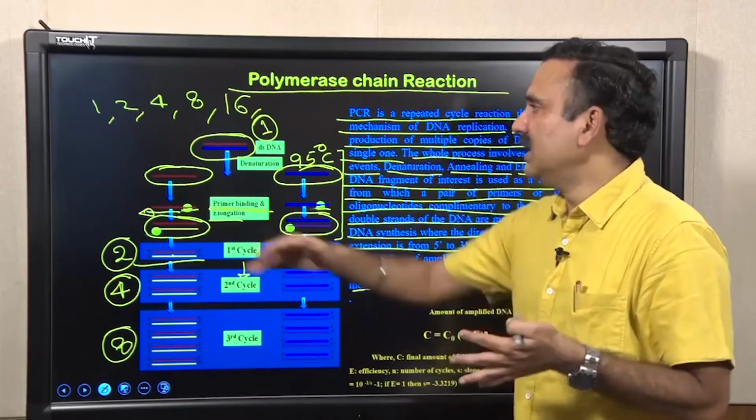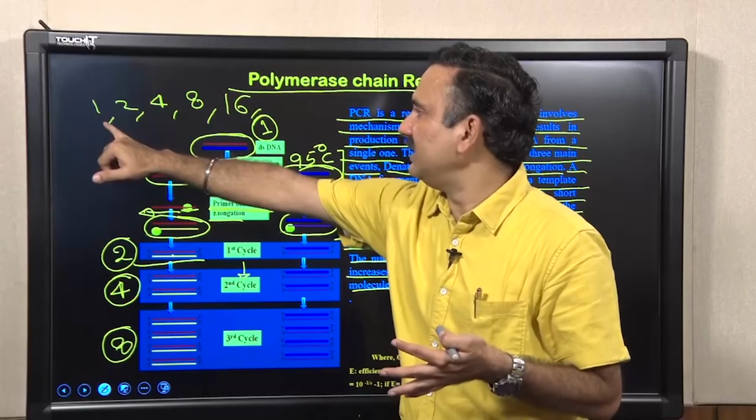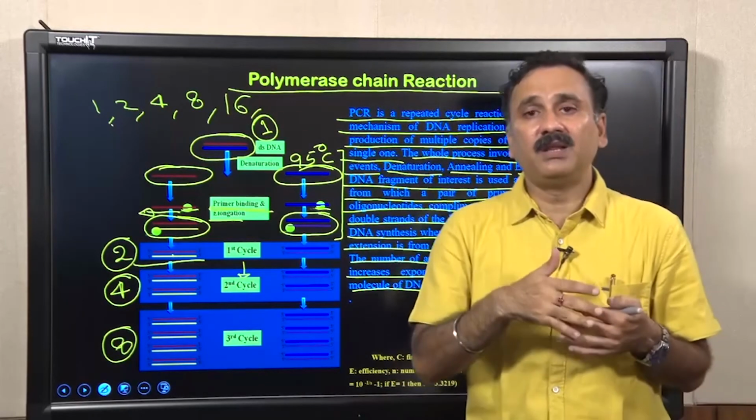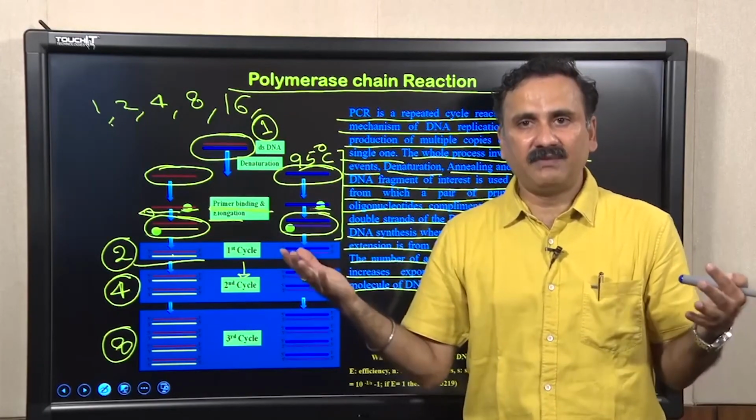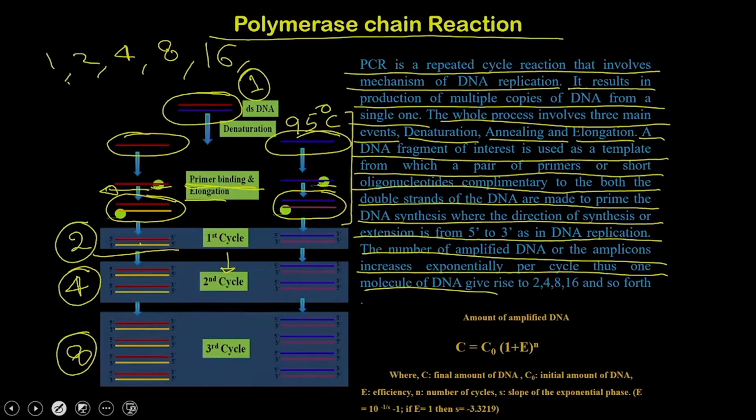If you imagine that I started with 1 microgram of DNA, it is going to be several micrograms of DNA, even within 20-25 cycles. The amount of amplified DNA you can calculate simply by using this formula: C is equal to C0 (1 plus E) to the power n, where C is the final amount of DNA, C0 is the initial amount of DNA, E is the efficiency, and n is the number of cycles.